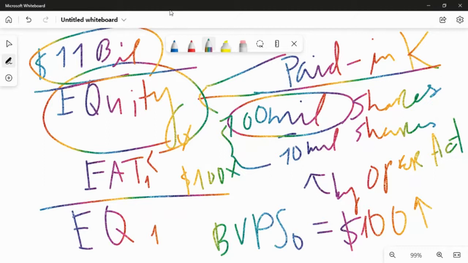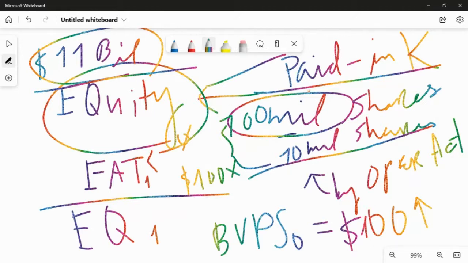But there will be 110 million shares outstanding for $11 billion, only because these 10 million shares were sold and paid-in capital was added.